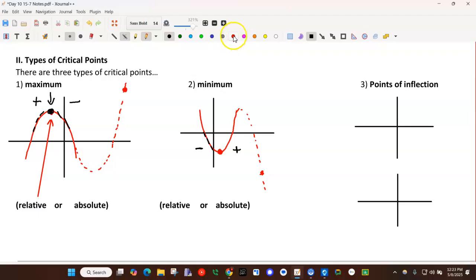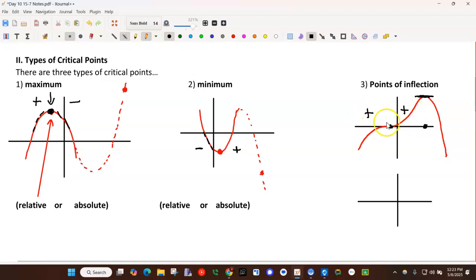So if I drew a graph something like this, where it's increasing and then it goes to 0, and then increases again, and then maybe goes down, something like that. That would be the critical point there, and then also right here, because that's where it's 0. It's horizontal right here, it's 0 right here. But if you look at the signs, it's a positive slope, and then it's positive again.